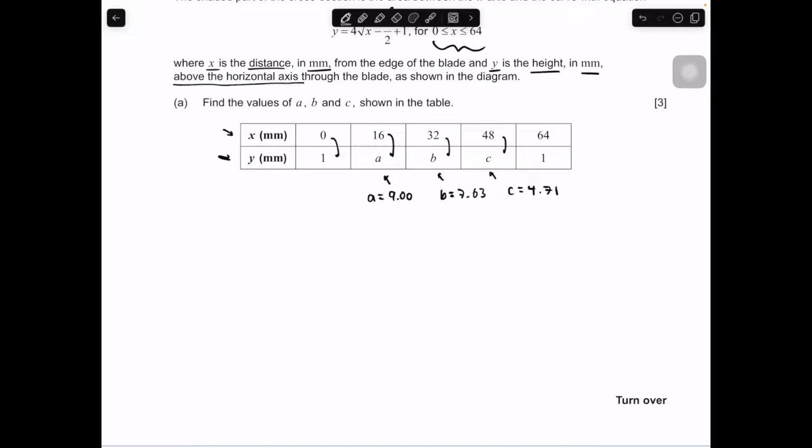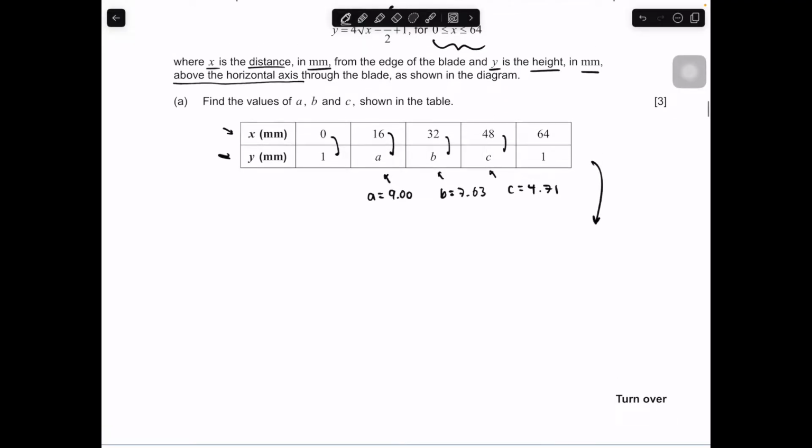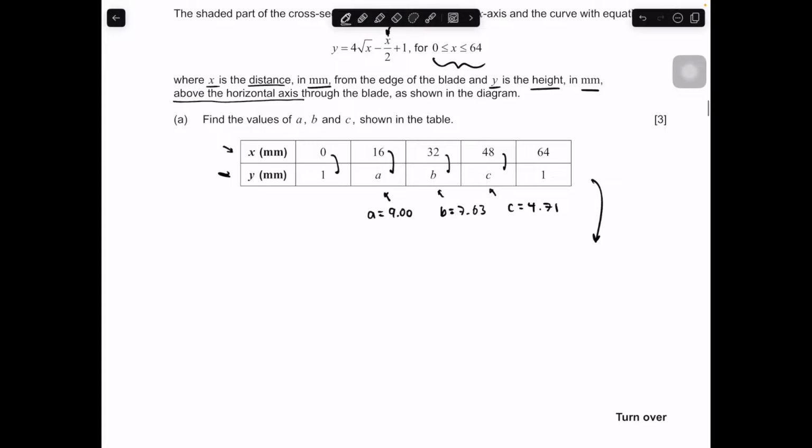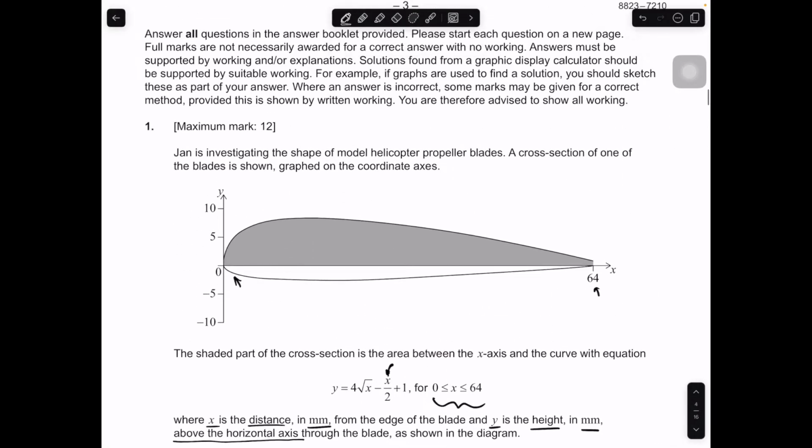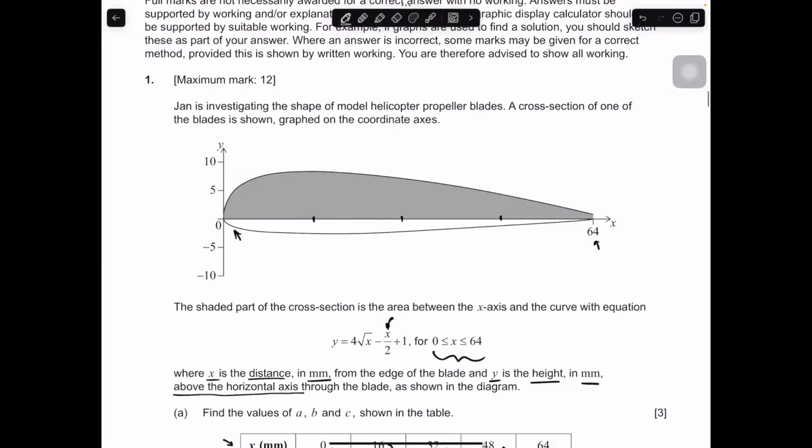Often we'll have a question that will lead to something else. So here they're asking us to find these heights at different points. That is to say at 16, 32, and 48, to essentially divide up this horizontal section of this blade into 4 equal intervals.